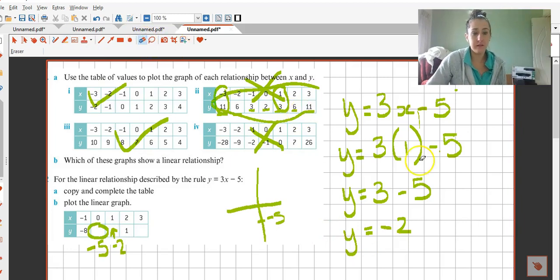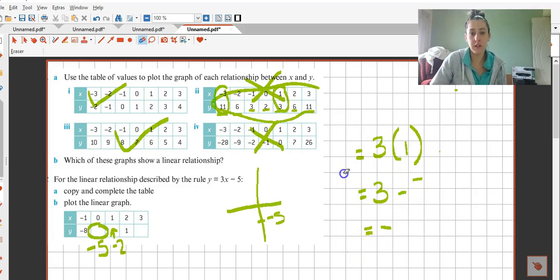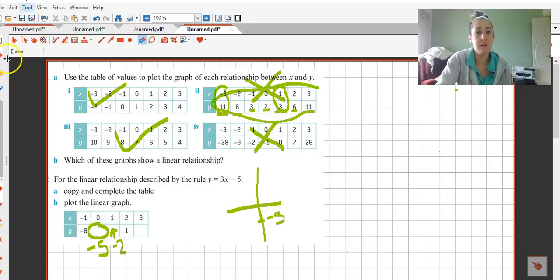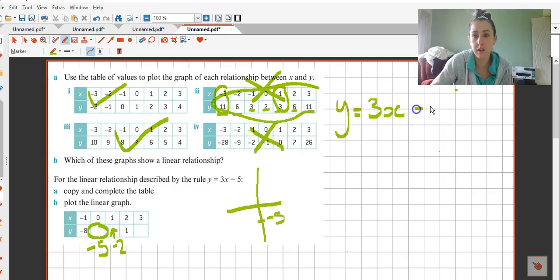All right. And again, we've got one more spot to work out. Same rule, y equals 3x minus 5. We want to find out our y because that's our dependent.